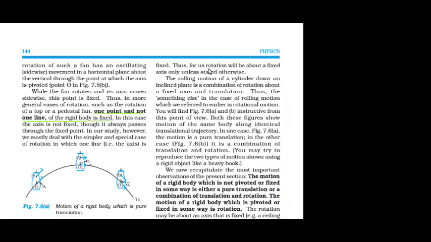So thus for us rotation will be about the fixed axis only unless stated otherwise.